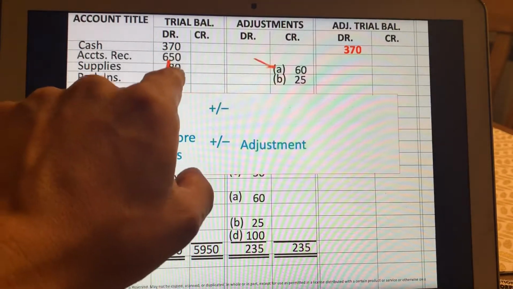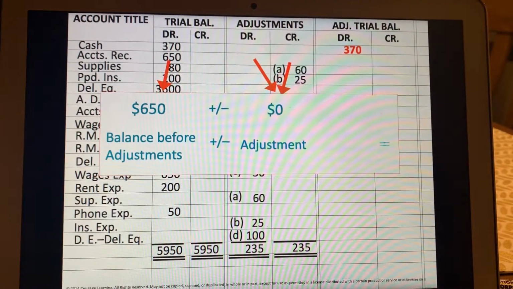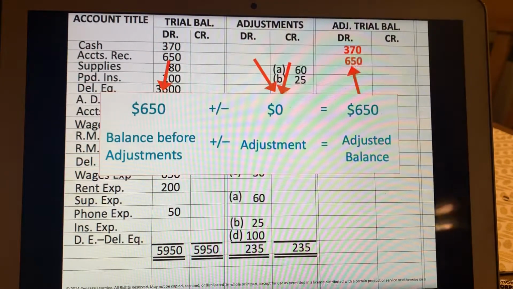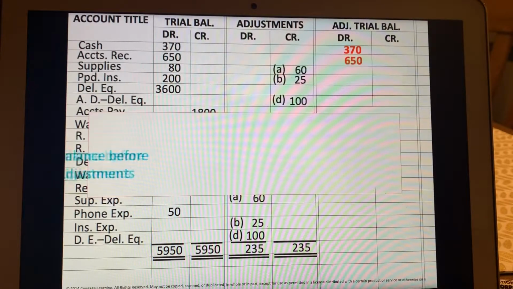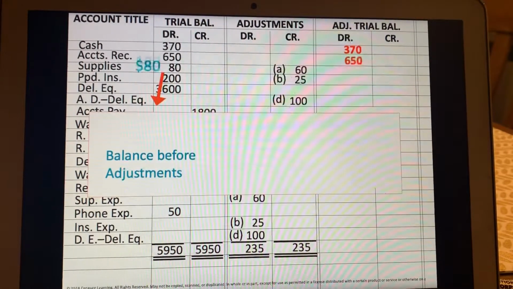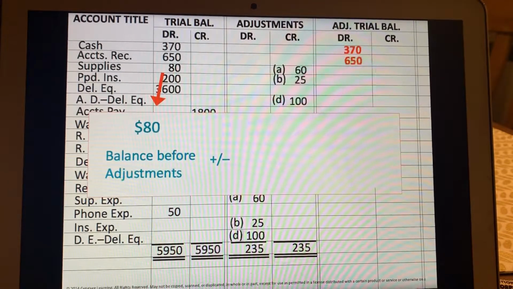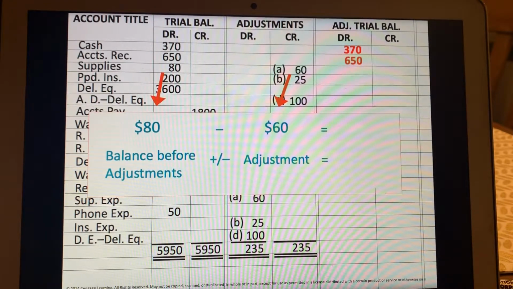So again, 650 plus or minus the adjustments as well. So 650 stays there because we have no adjustments. All right, and then 800 plus or minus any adjustments. So this is going to be a minus 60. So our remaining balance is going to be 80 minus 60, which is going to be $20.